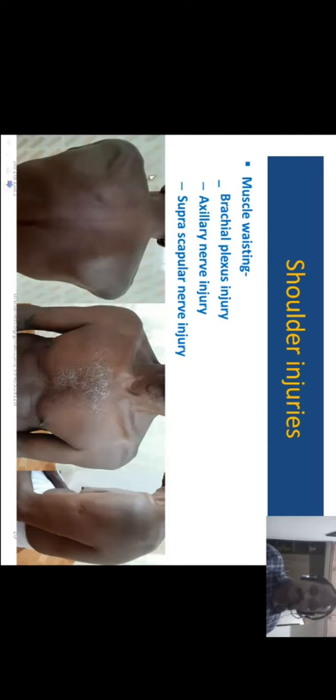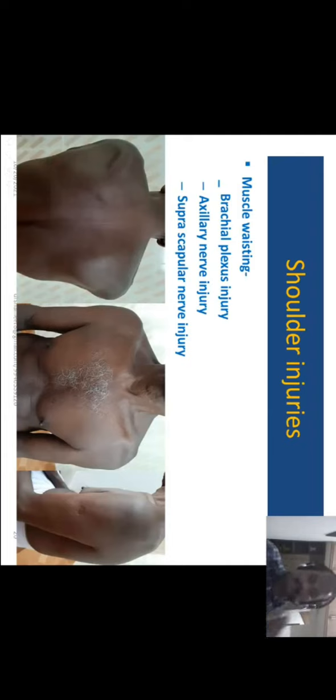In case of suprascapular nerve injury, there will be supraspinatus and infraspinatus muscle wasting. And in case of a chronic rotator cuff tear, there will also be muscle wasting of supraspinatus and infraspinatus. So differential diagnosis is very important.